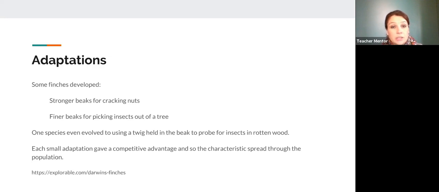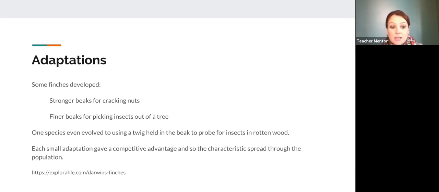Some of the finches he noticed developed stronger beaks for cracking nuts. Some developed finer beaks for picking insects out of a tree. And one species even evolved to use a twig in its beak to probe for insects within rotting wood, which is pretty fascinating.